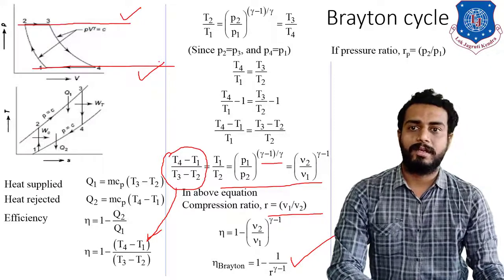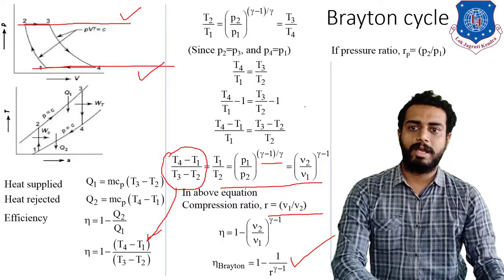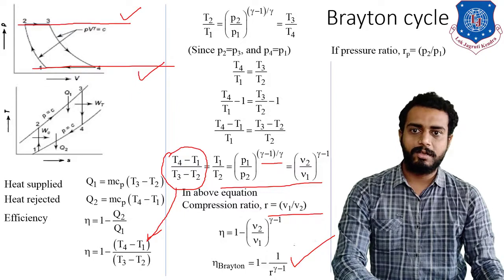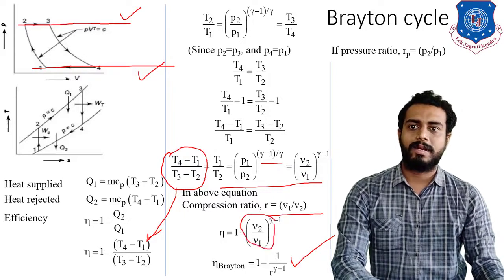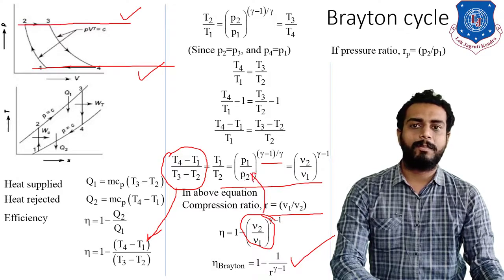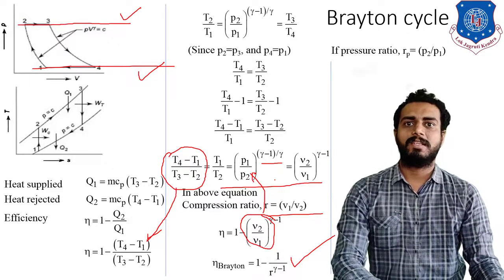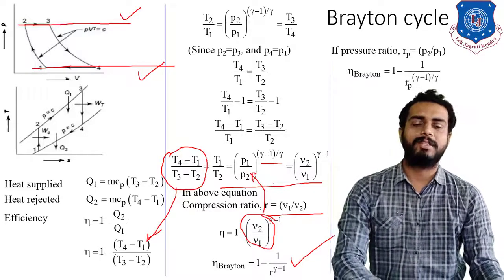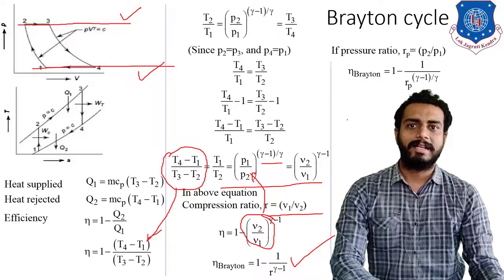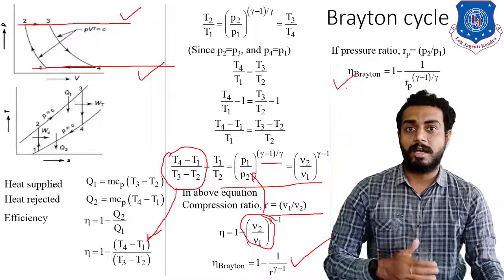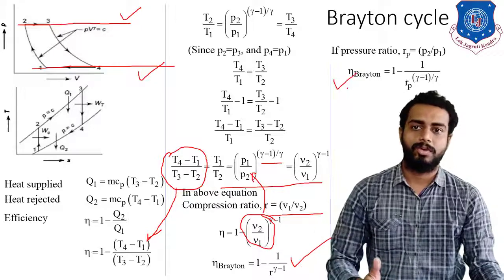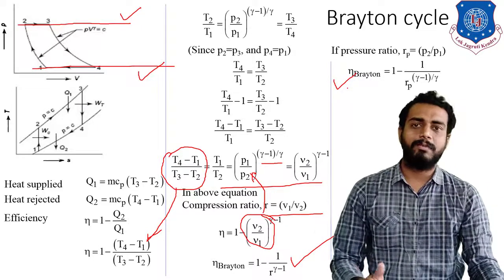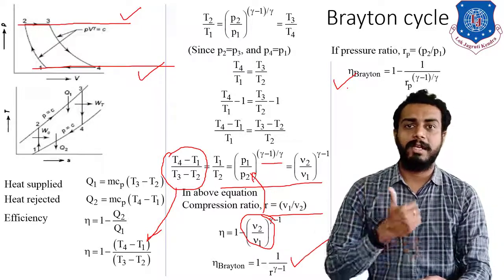So instead of this V2 by V1, I can also write P1 by P2, right? And P1 by P2 is nothing but 1 upon Rp. So I can write 1 minus 1 upon Rp raised to (gamma minus 1) upon gamma. That is Brayton cycle efficiency in terms of pressure ratio. So that is how the Brayton cycle efficiency can be derived.